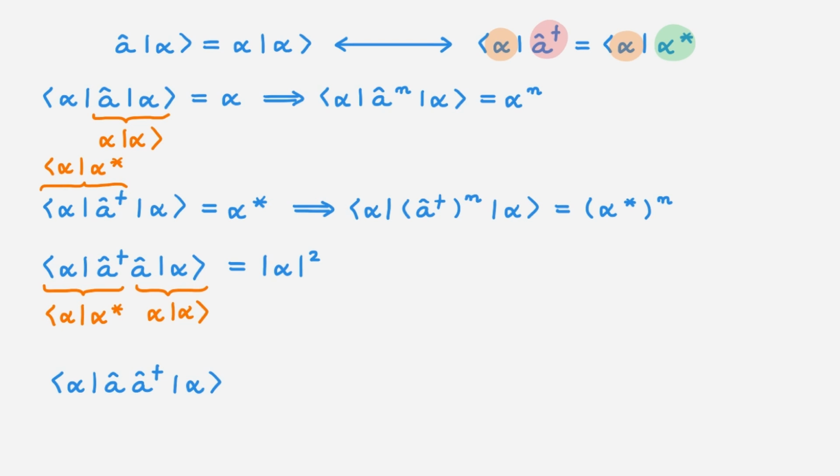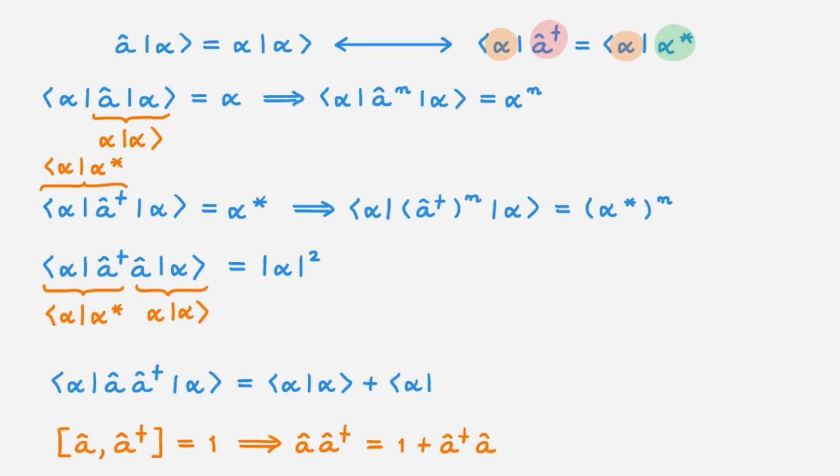In this case, we need to remember from the video on ladder operators that the commutator between A and A dagger is equal to 1. This implies that A A dagger is equal to 1 plus A dagger A. Using this result, we can rewrite our expectation value as the sum of these two terms. This is the expectation value above, so we end up with 1 plus the absolute value squared of alpha.